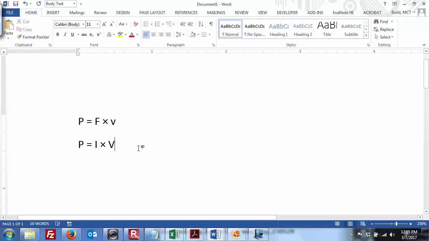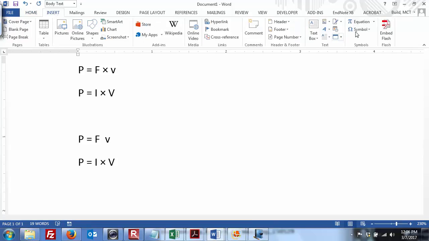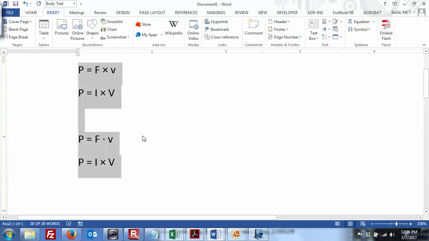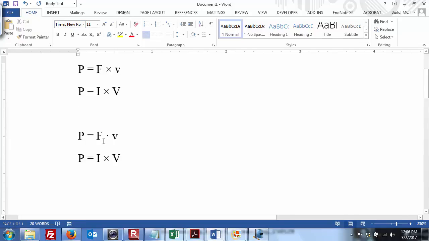I'm going to be a little more, that's one way to write it. I'm going to write it a different way too. The way you would write this in engineering format would be to put in a dot, because force and velocity are both vectors.